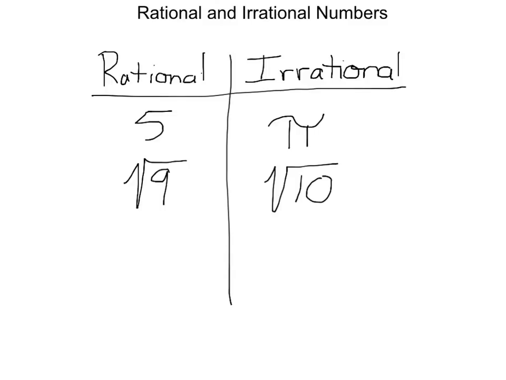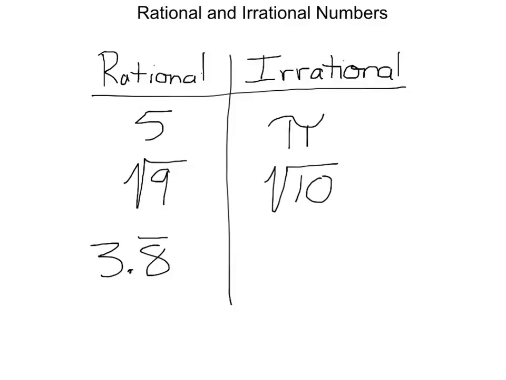Now, if we're talking about decimals, we could say that the number 3.8 repeating is rational. The reason that's rational is that even though the decimal never ends, it does repeat. We know what's coming next. Every number that comes after that is going to be 8.